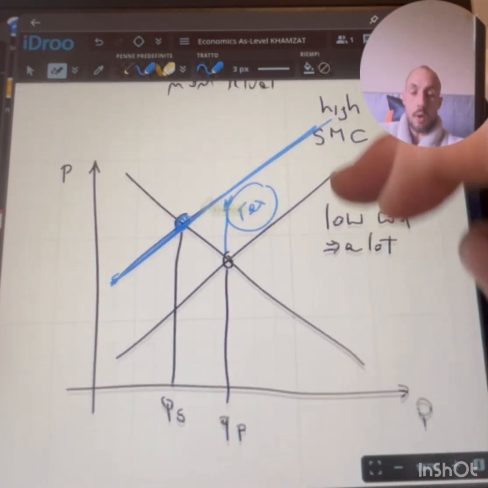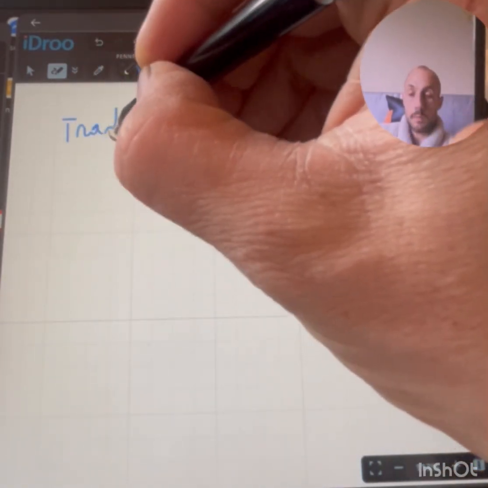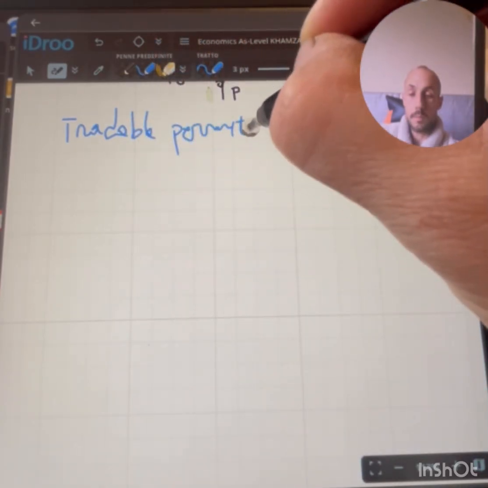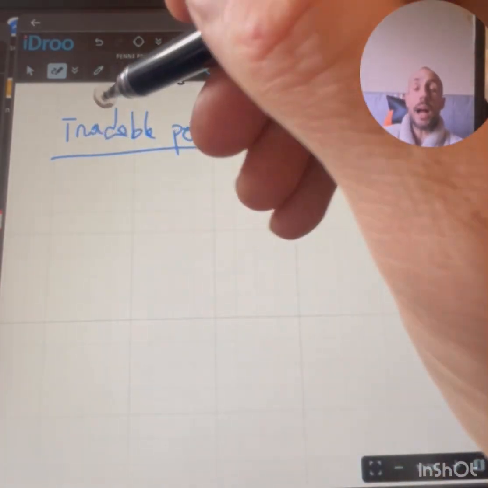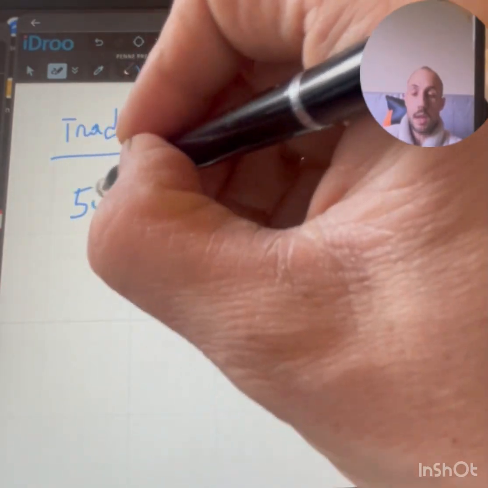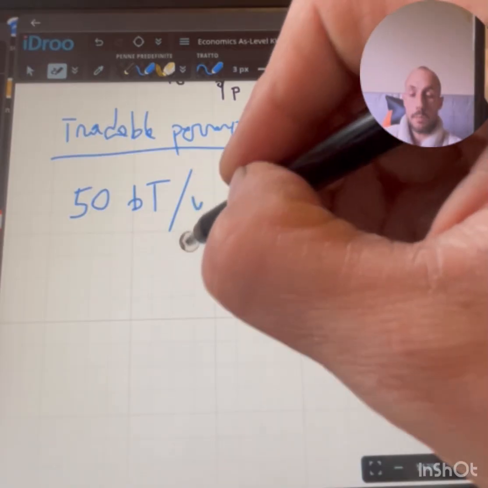Okay. Now, what about the tradable permits? This is something that was going on in California not too much time ago. So, the Californian state issued, I don't know, a cap for the CO2 emission for firms, which was, say, 50 billion tons a year.